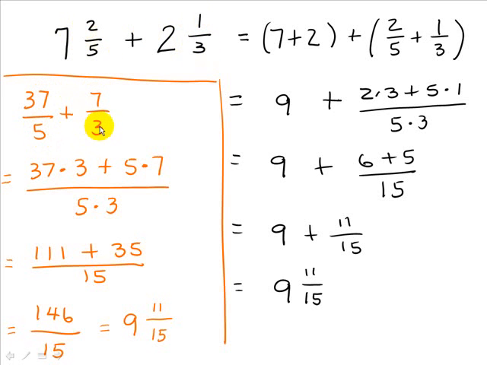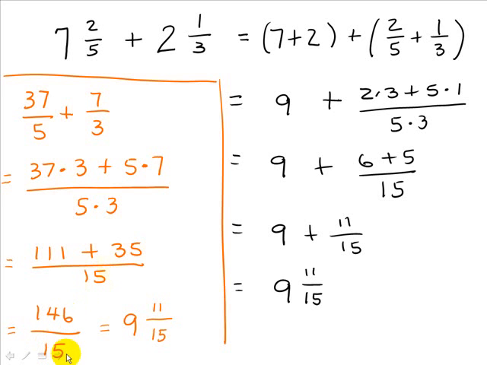And now I use whip, whip, whap, which says take 37 times 3, add to that 5 times 7, divided by 5 times 3, and 3 times 37 is 111, plus 5 times 7 is 35, divided by 5 times 3, which is 15, and we get 146/15.